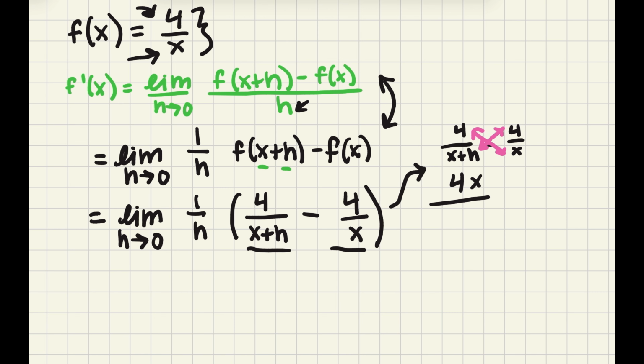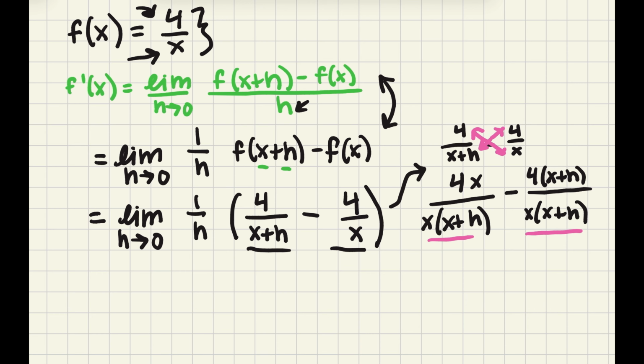So what we'll end up with is 4x over x times x plus h minus 4 times x plus h over x times x plus h. So now we can see we have a common denominator, so we can go ahead and work through this a bit more.